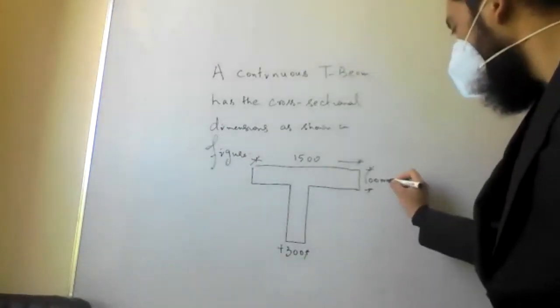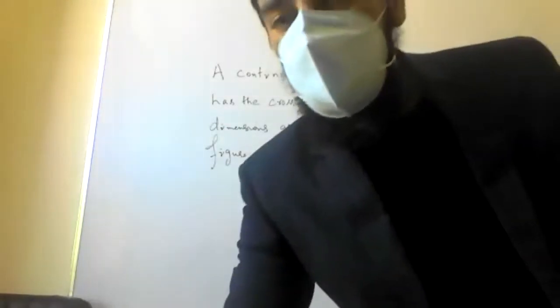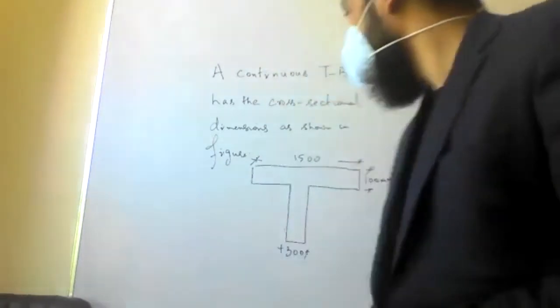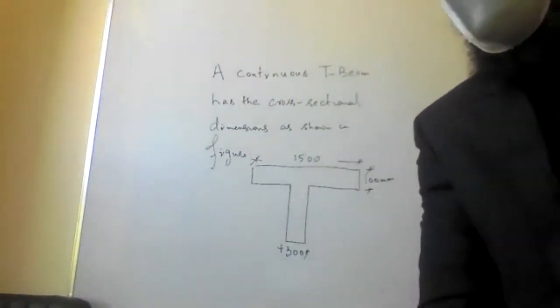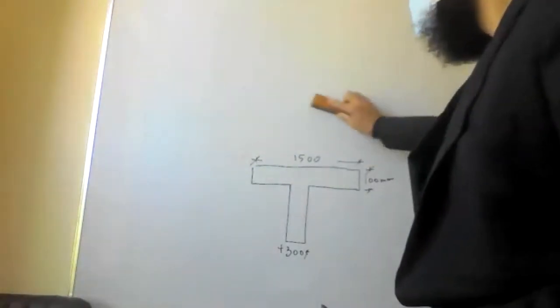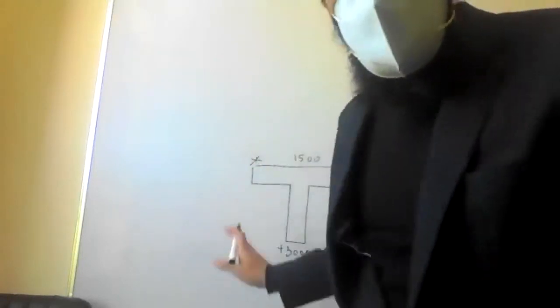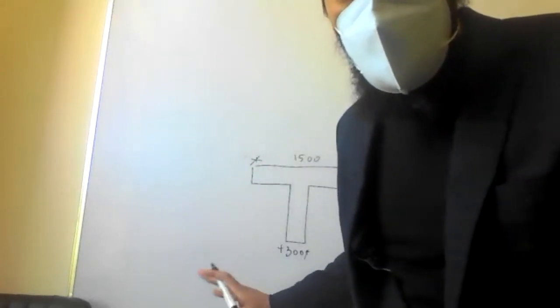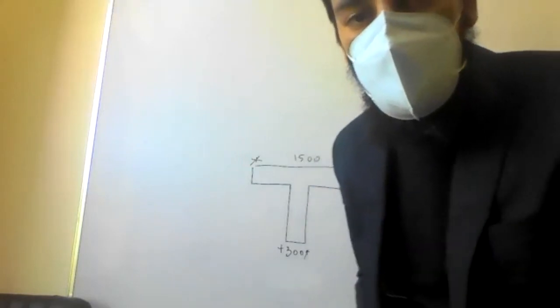It's all in mm. Then the web dimensions are given to you, have been determined from the consideration of the negative moment. So that has been given here.